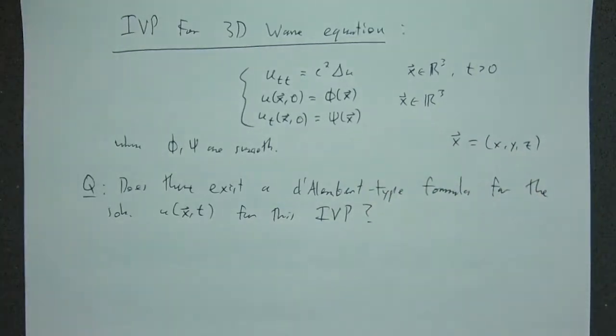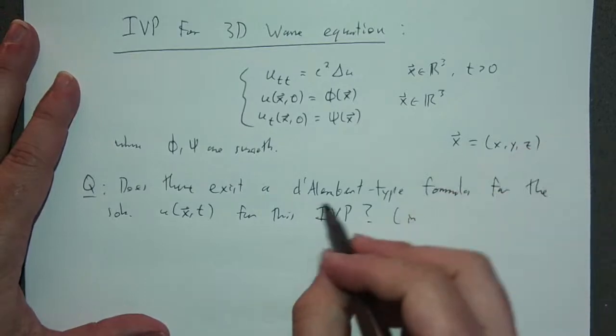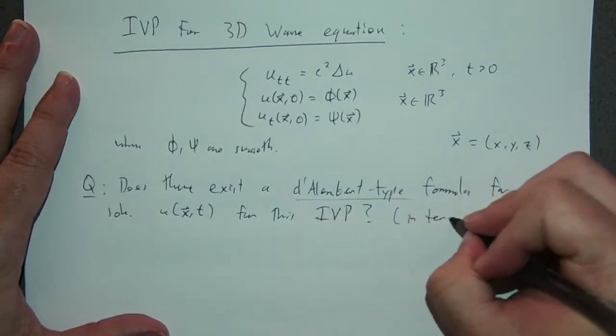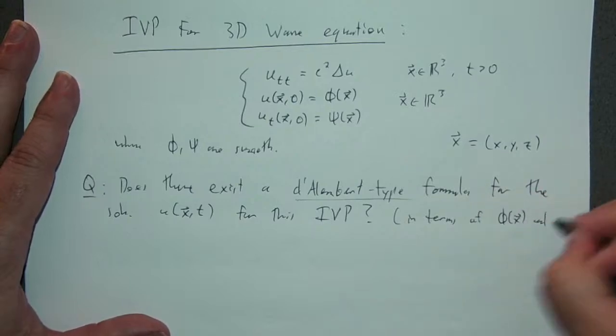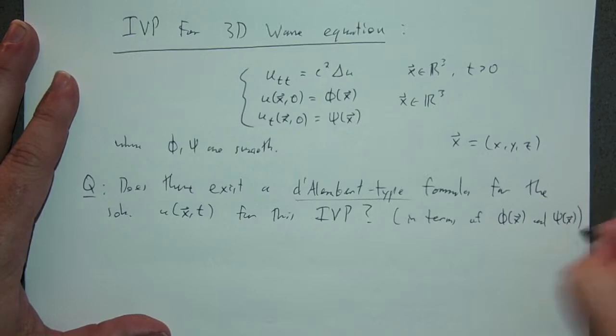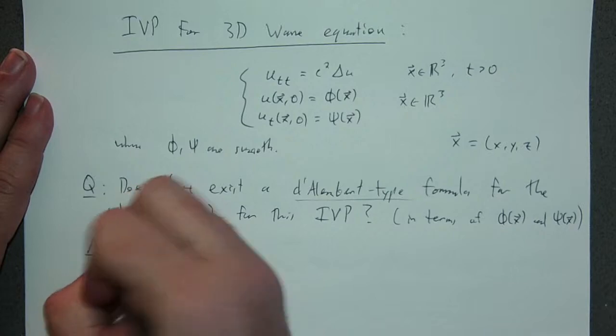Because it's the only thing you know for second order equations, this is always going to be a question you keep asking, until you get an answer that completely clashes with what you expect. So can you write out a D'Alembert-like formula for the solution to this IVP? The idea that it's D'Alembert-like means in terms of phi and c entirely, just in terms of the initial data. And the answer is yes.